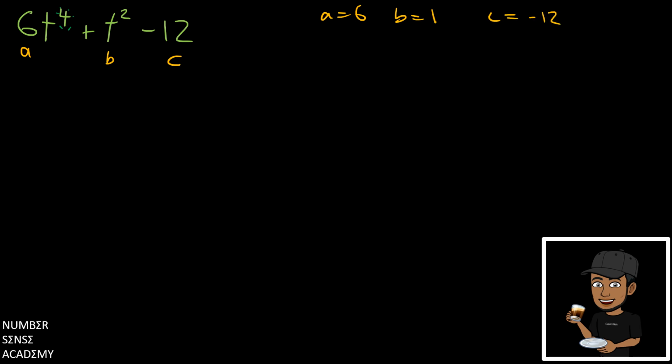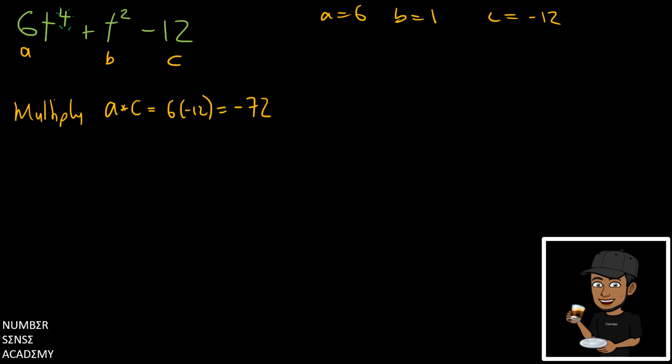So step one, we're going to multiply. You know what, I want to write it over here so I have more room. So we're going to multiply A times C, and that is 6 times negative 12, which is negative 72. So that's the first thing we do.